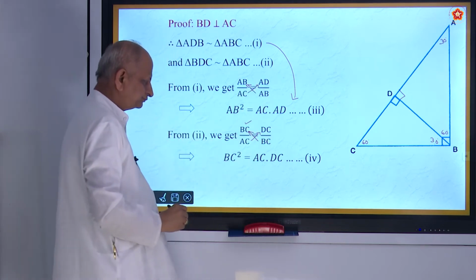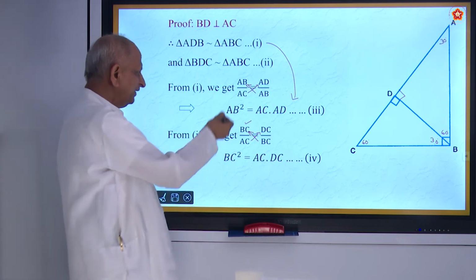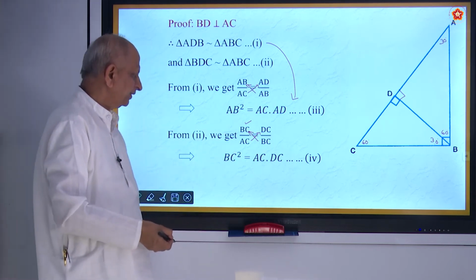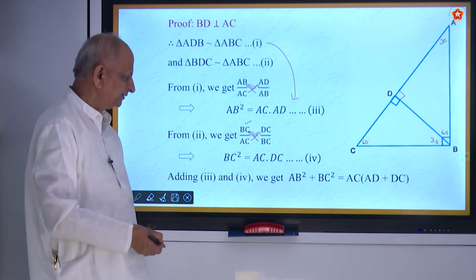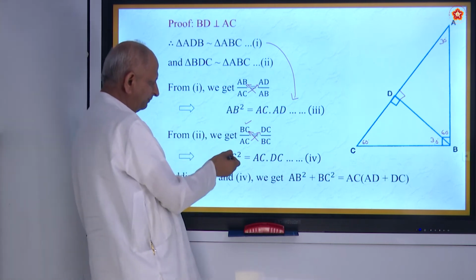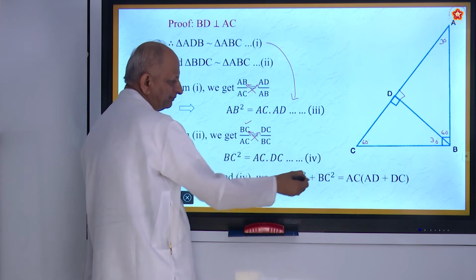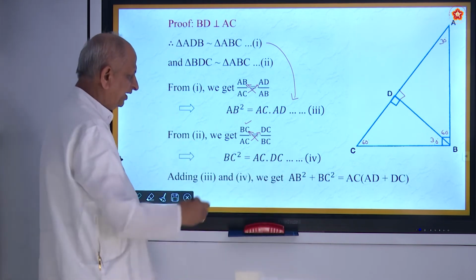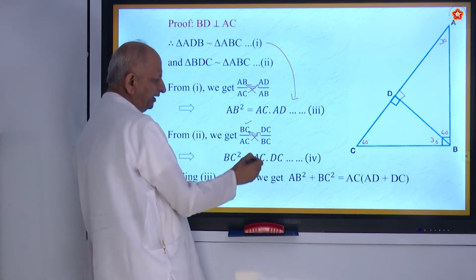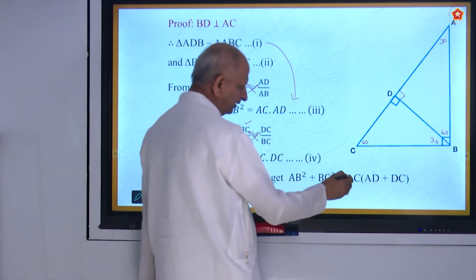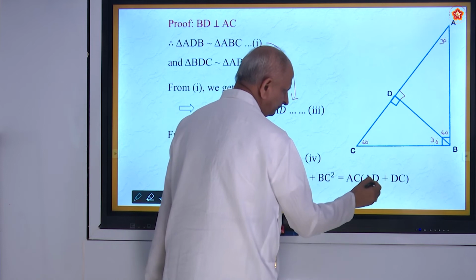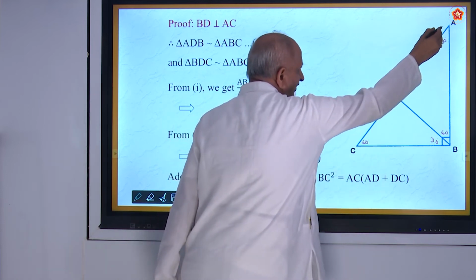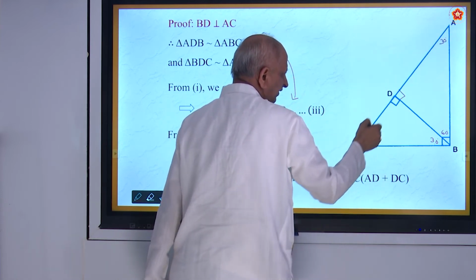So adding these two, what do you get? Adding 3 and 4, we have a very beautiful result. AB square plus BC square, left hand side you added, is equal to right hand side you have AC into AD plus AC into DC. So AC common. What do you get inside? AD plus DC. What is AD plus DC? See, AD is here, DC is here.